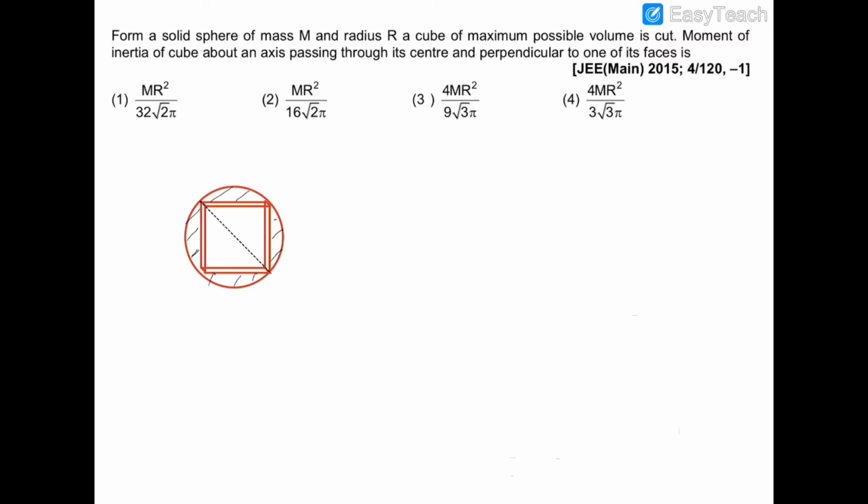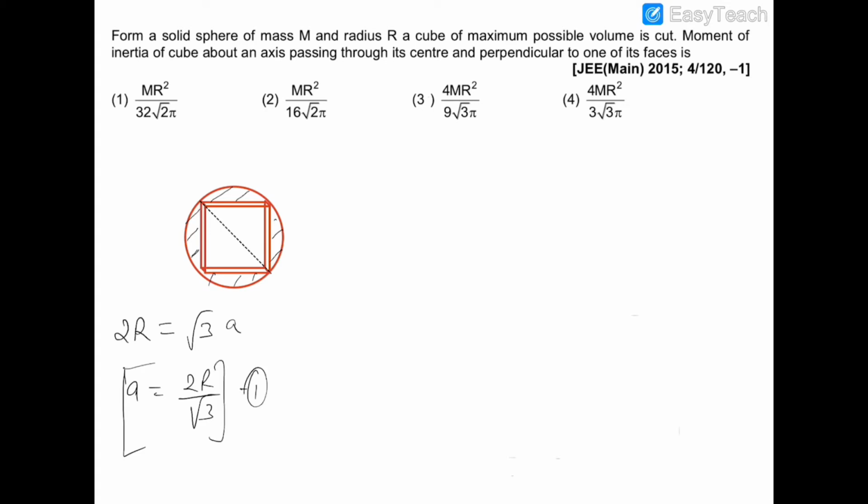So first of all, if we have to remove a cube of maximum possible volume from this sphere, it is necessary that the diagonal of the cube should be equal to the diameter of the sphere. So the diameter of the sphere is 2r and the cube diagonal is root 3 a. So the side of this cube should be equal to 2r by root 3. So this is the first analysis.